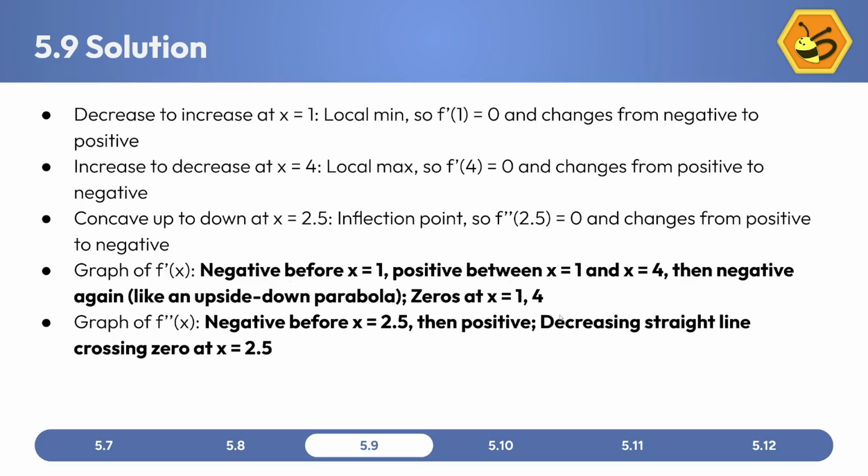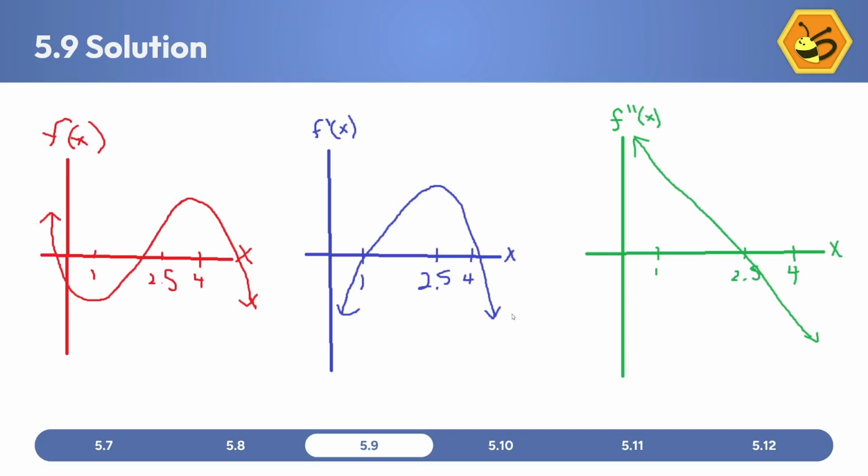This is kind of a verbal description of the graph, but I also drew the graph myself, so hopefully these are accurate enough. We can see where it's concave up, where it's increasing and decreasing. With our first derivative, it's an upside down parabola, or a similar shape.